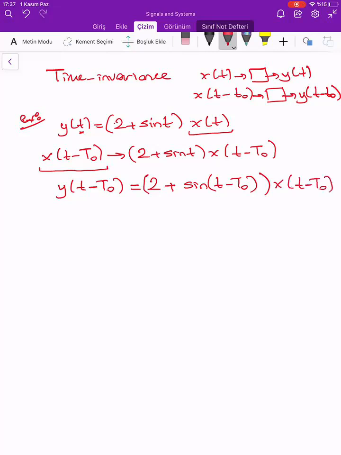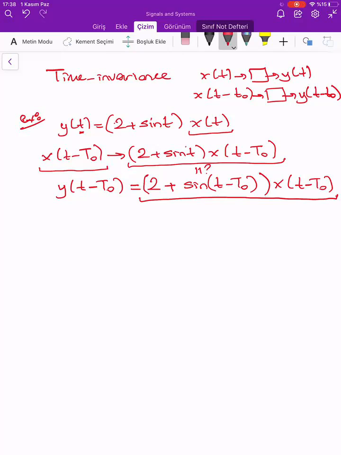Now I need to check if these two are equal to each other.